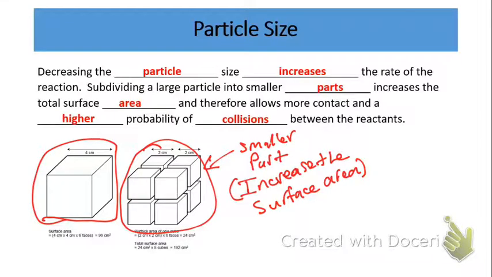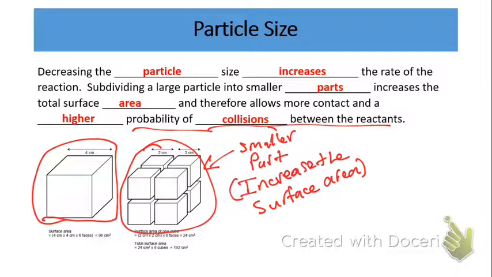And with a bigger surface area, or more exposure of the surface to reactants, there should be more collisions. So an increase in surface area results in an increase in collisions, therefore an increase in the rate of the reaction.